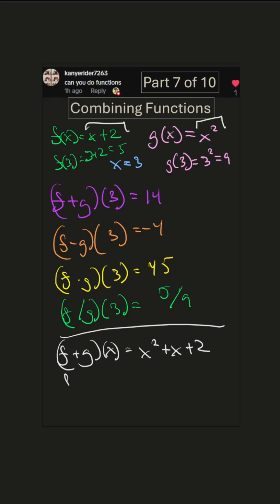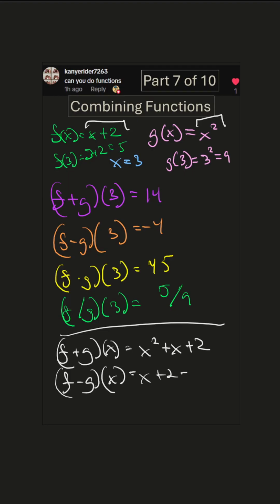And we can do f minus g of x. That would be x plus 2 minus x squared. And so on. Now the one you have to be careful with is f divided by g. If g equals 0, you can't divide by 0. But yeah, hope that helps.